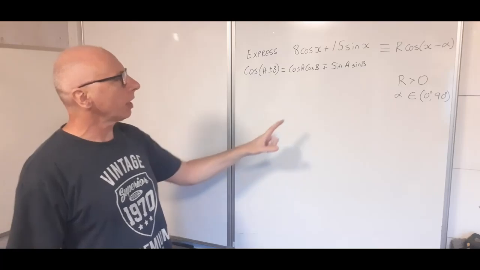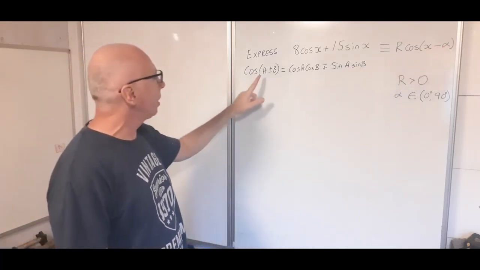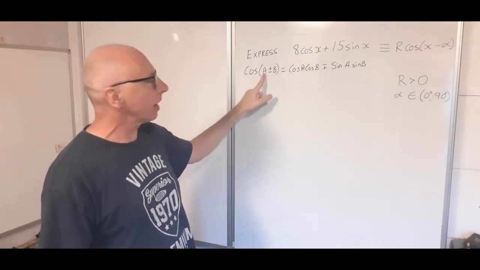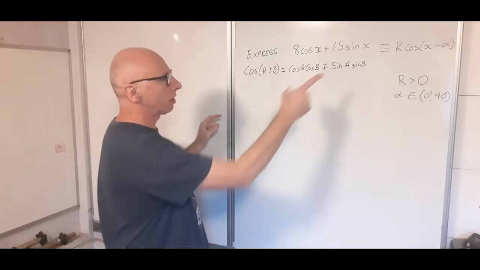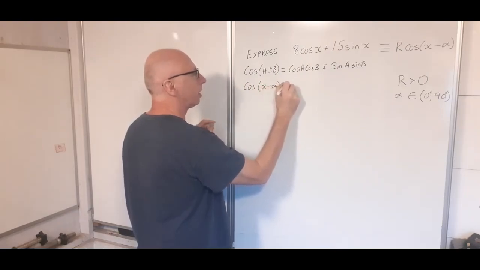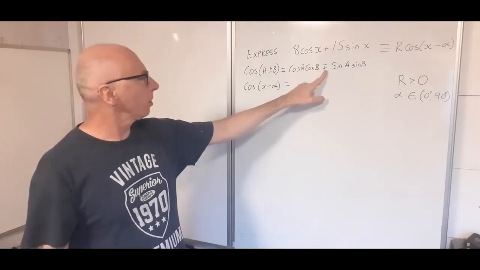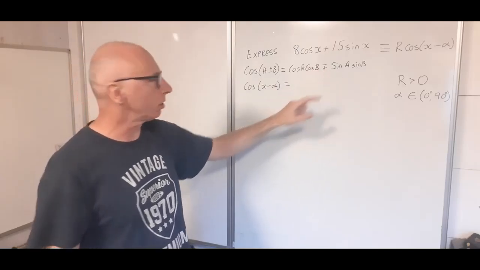Now here we've got x minus alpha, so we need to rewrite this in terms of x minus alpha. So that's what we want. So we want cosine of x minus alpha. So with a minus on the input, we need a plus here for our result.